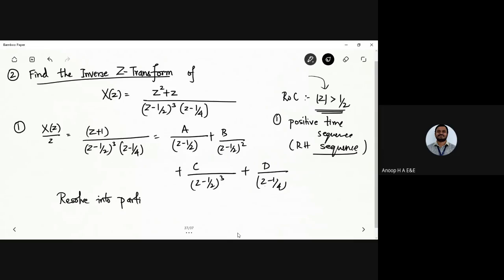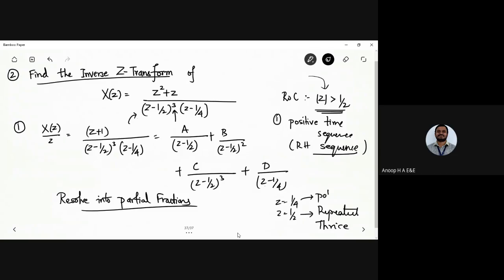I have the power 3 here. So what do I need to do? Let me see the solution to this x of z. I have repeated roots: z equals 1/2 is repeated thrice, and you have one more pole at z equals 1/4.